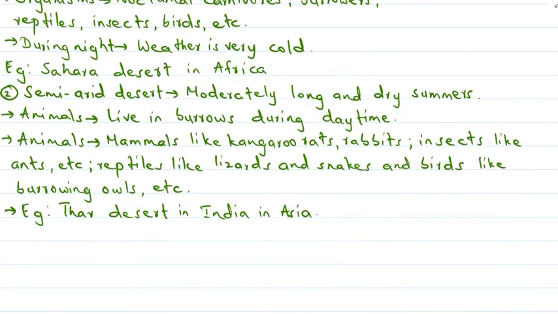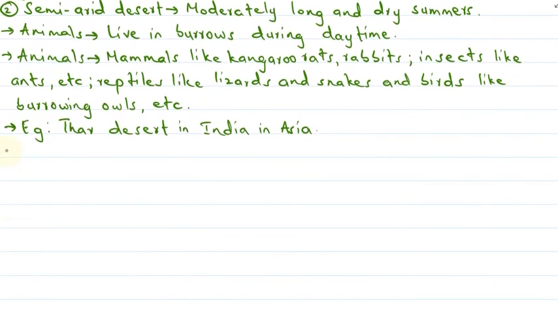Okay, then let's talk about the next type of desert ecosystem, which is the coastal desert.